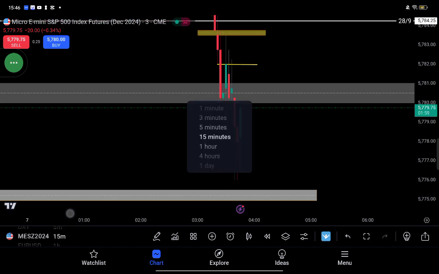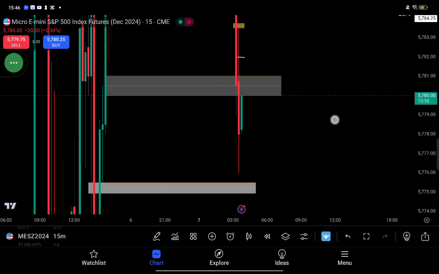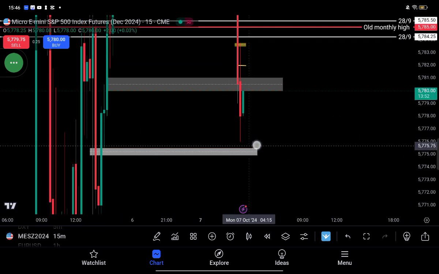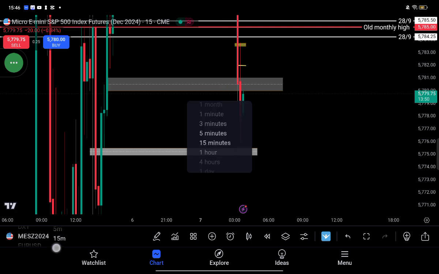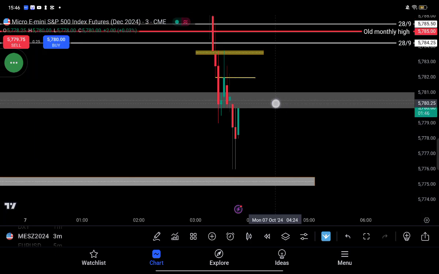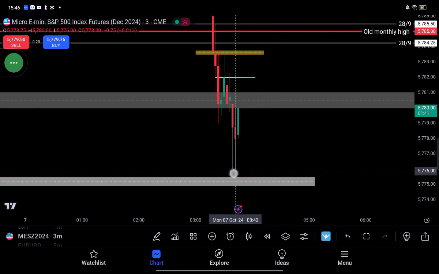But look at that, it's really very funny that price left out this BC and this relative equal low. So right now, from this volume balance here, sell side is potentially being engineered.